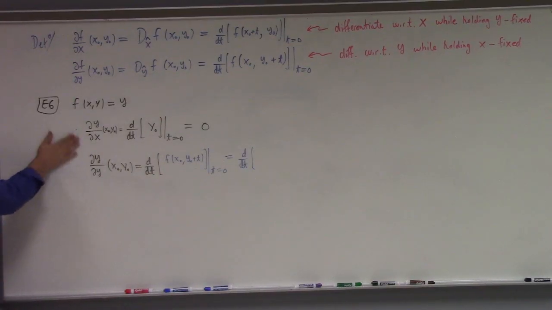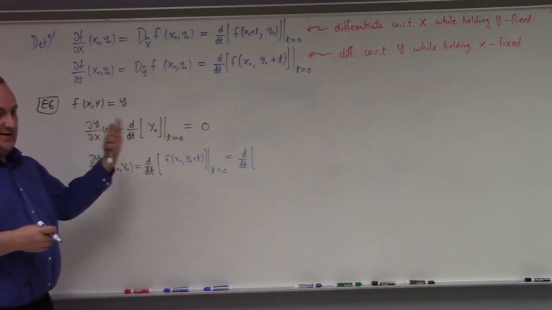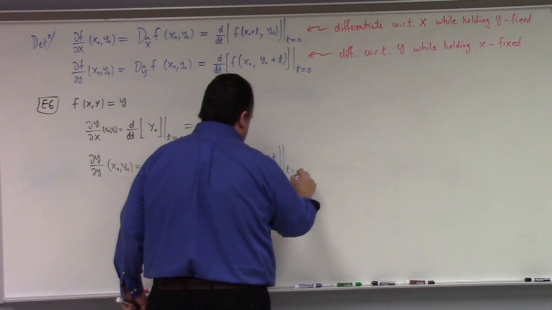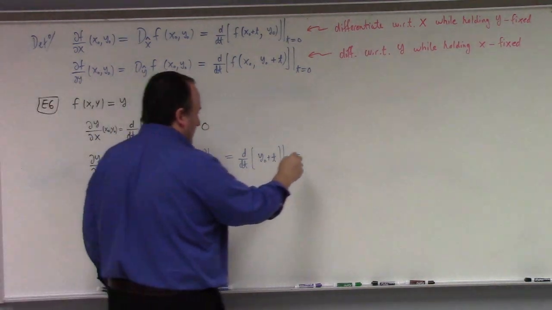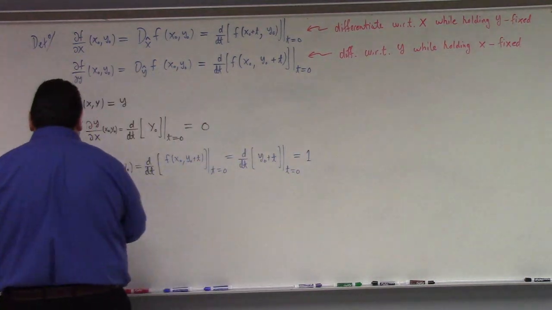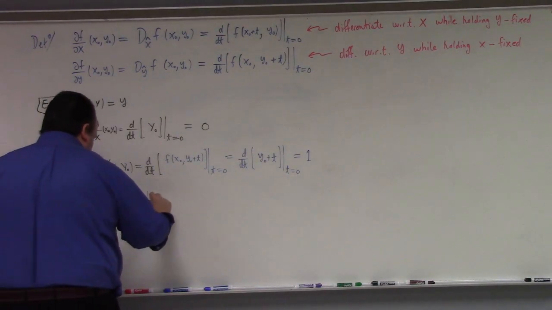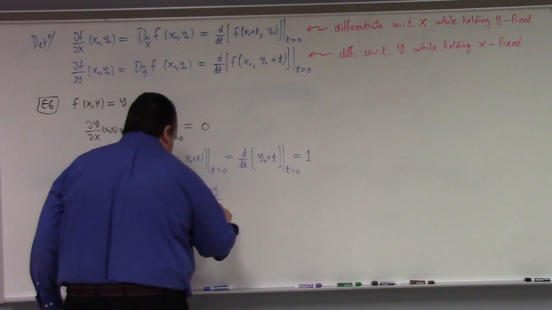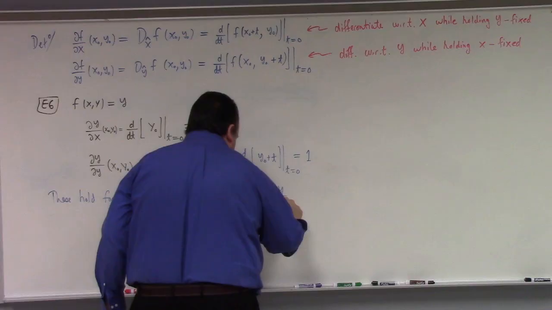What am I doing? Sorry, guys. If I could remember what I did 3 seconds ago, it'd be awesome. So this, by definition, is just y naught plus t. Evaluate at t equals 0. What do we get? 1. We get 1. Okay. But these hold for all points. Therefore, we simply write partial y, partial x is equal to 0, and partial y is equal to 1.